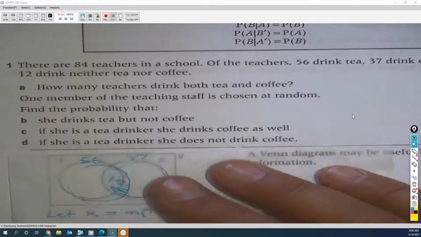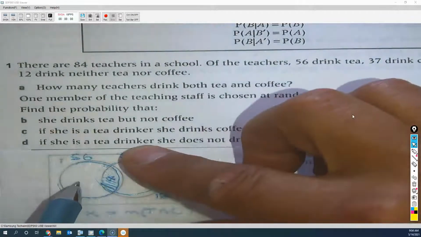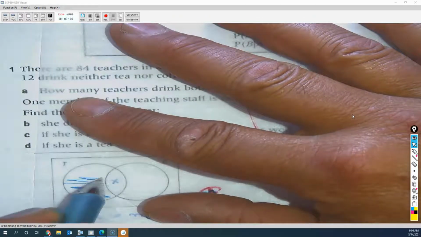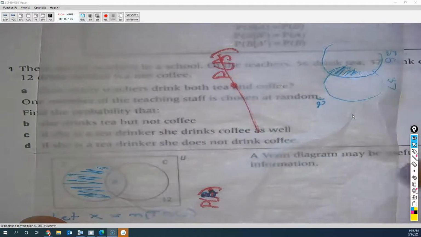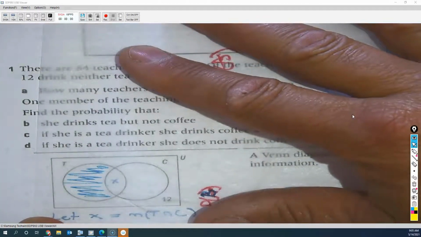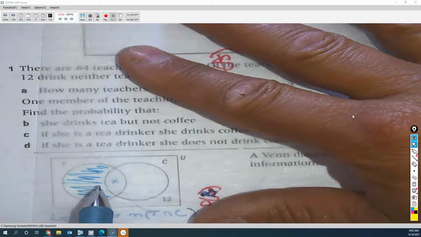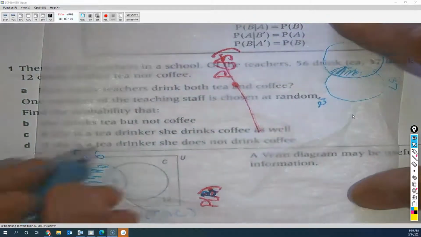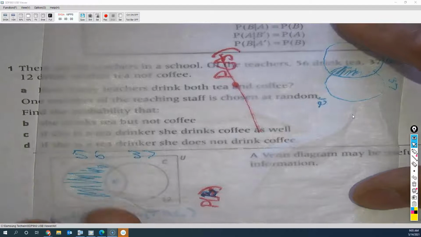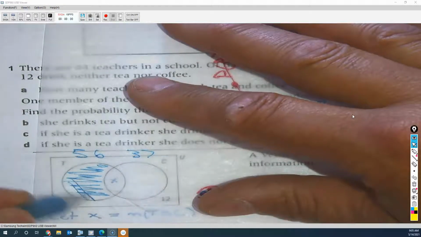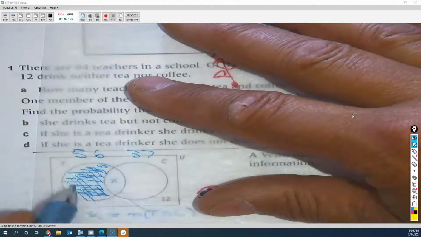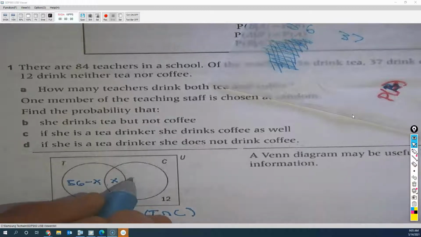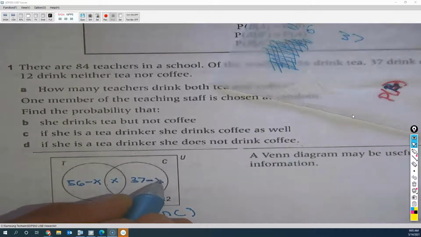So if this is X, what's this area? You know this is 56, and this is 37. 56 minus X is going to be that area. So this is 56 minus X, and over here, this would be 37 minus X.